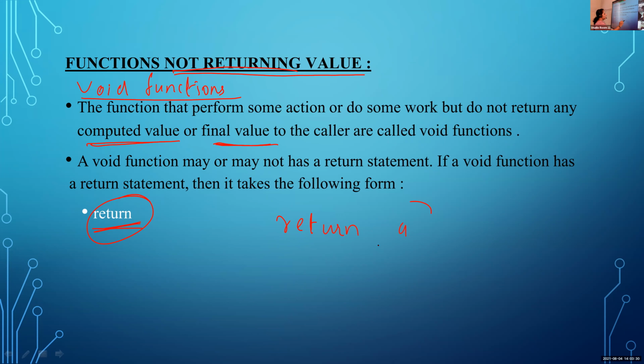Where do we use this return A statement, Ashwin? Inside def. This return A statement is for which function? Inside def. DEF is the definition. For writing the definition, we are using def.